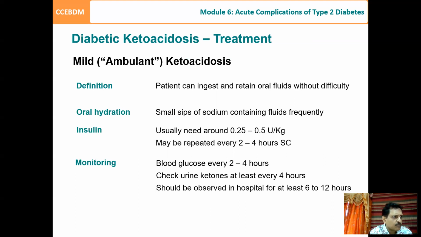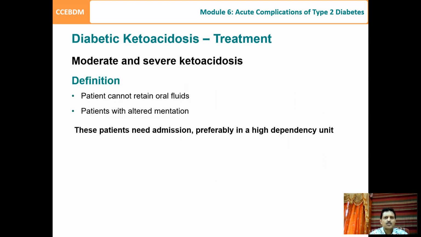But in most of the moderate or severe diabetic ketoacidosis, we have to treat the patient with intravenous fluid and intravenous insulin. The patient cannot retain oral fluid because of upper GI discomfort, nausea and vomiting, and because the patient has an altered mentation, so we always prefer to give intravenous glucose and intravenous insulin.